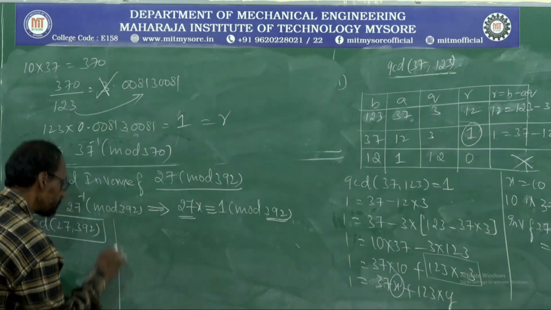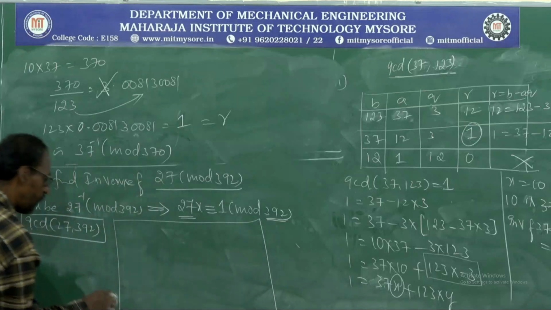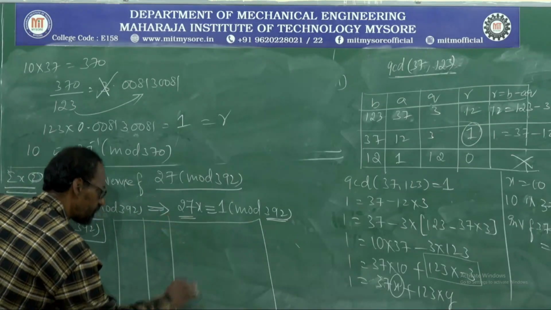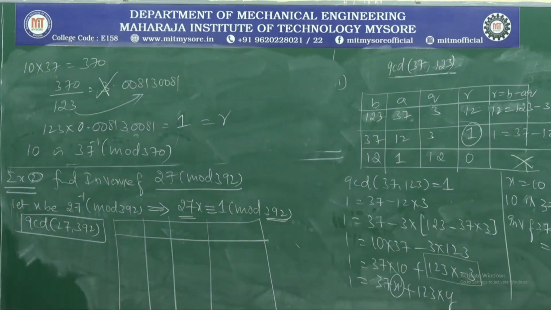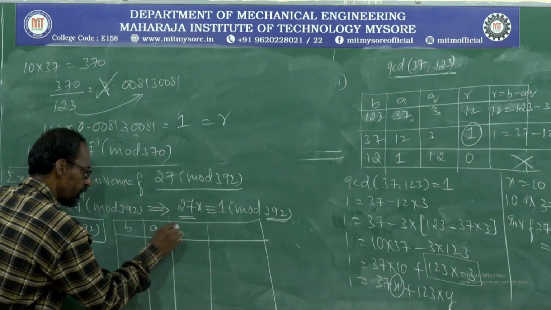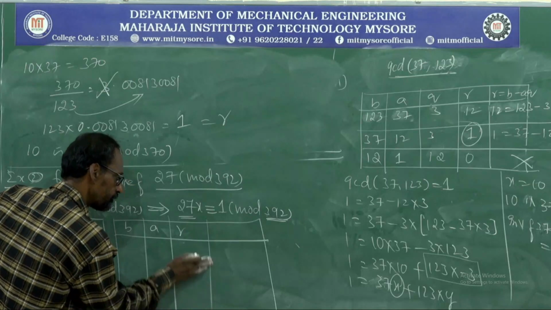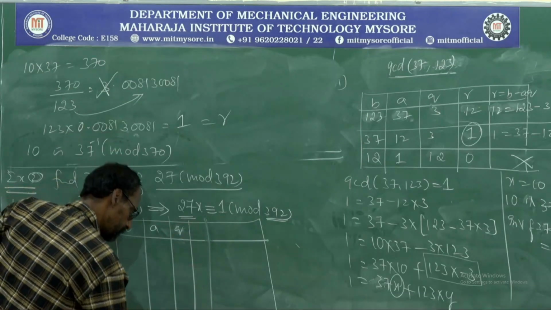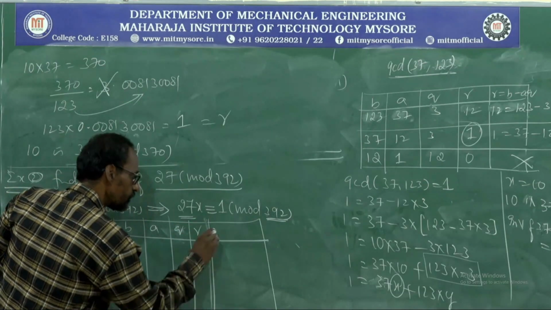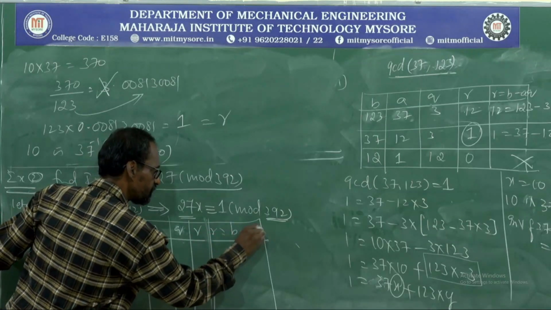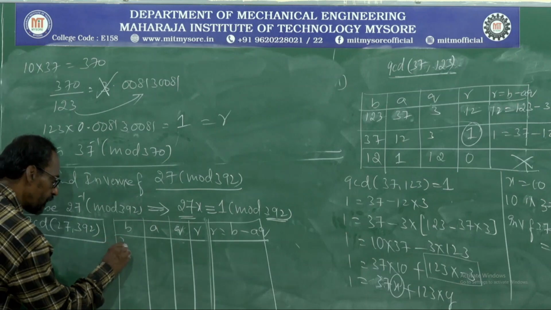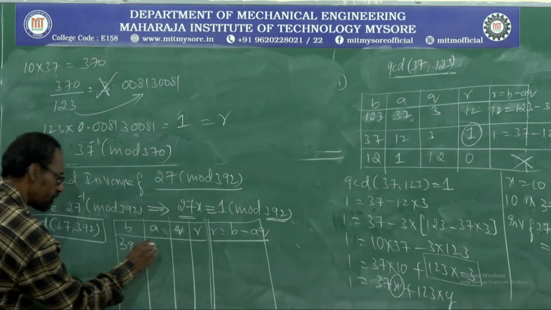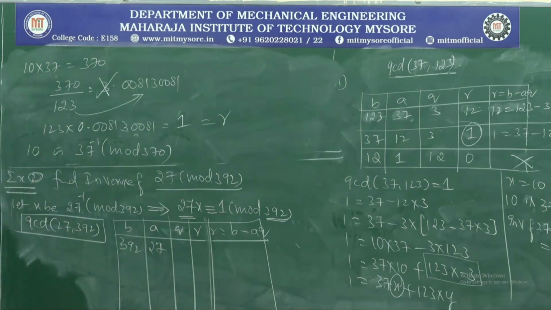So how to find it? Again the Euclidean algorithm, a tabular representation: B, A, R, Q. We can write R equal to B minus A into Q. What is B? The bigger value. What is A? The smaller value.